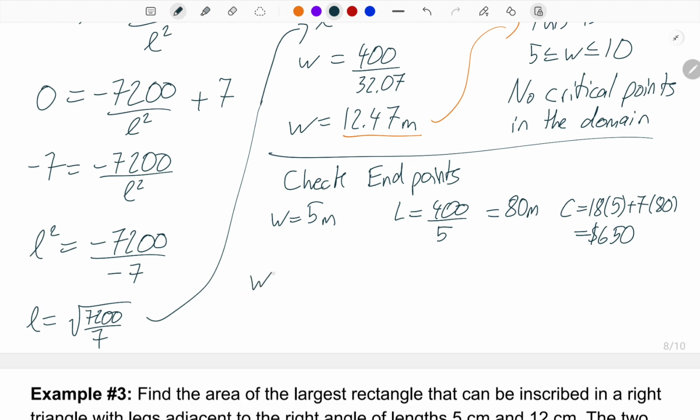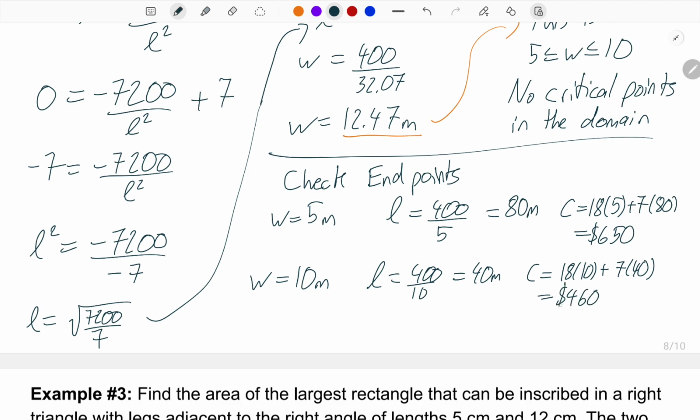Okay, and do the same thing with 10 meters. Let's find out the associated length. Let's change that to lowercase. 400 divided by 10 is just 40. The cost is then 18 times 10 plus 7 times 40, and that is actually $460.